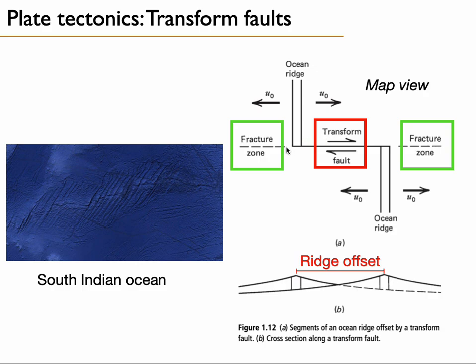On the outer sides, we have fracture zones because there may be different velocities, so there can be deformation which is induced far away from the transform fault itself. This is also valid for the other side. The distance between this ridge and this ridge is called the ridge offset.